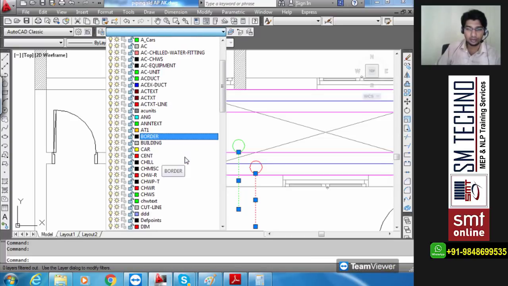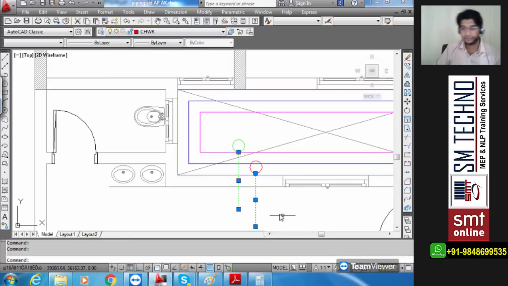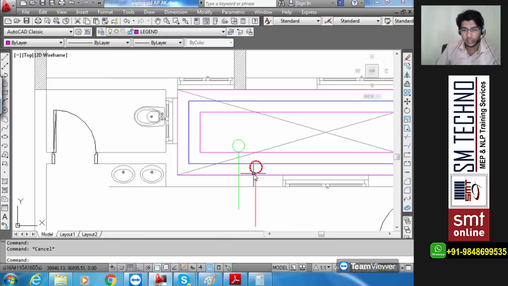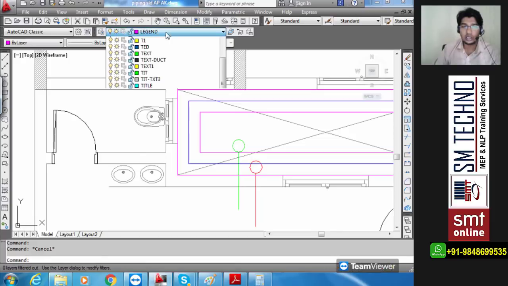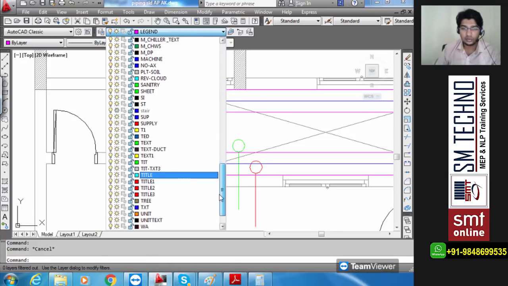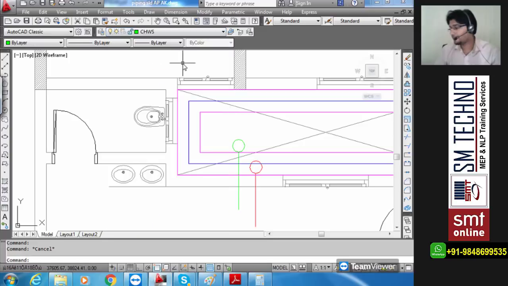Sometimes layers don't really work correctly. There is WCHR, that one. So this is my WCHR. This is WCHS. Yeah. So this is different and this is different totally. All right. And currently we are using legend as the current layer. So I'm not going to use that one. I'll try to use my layer as a current layer.